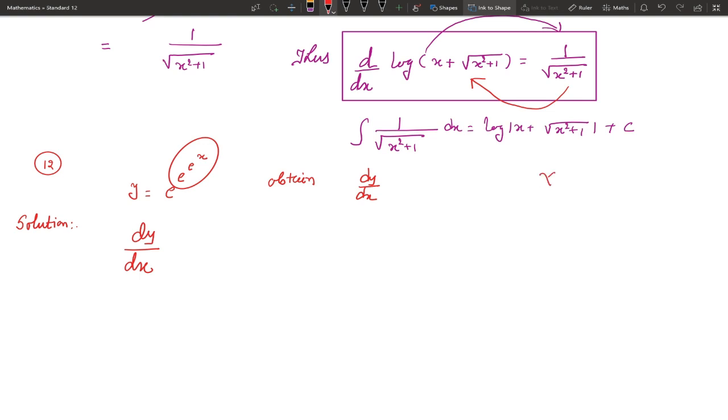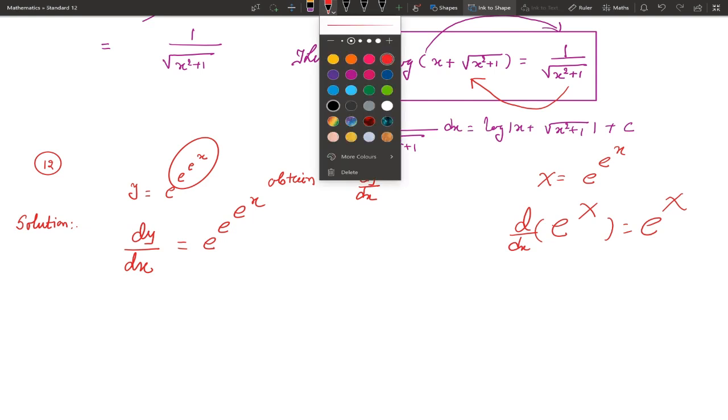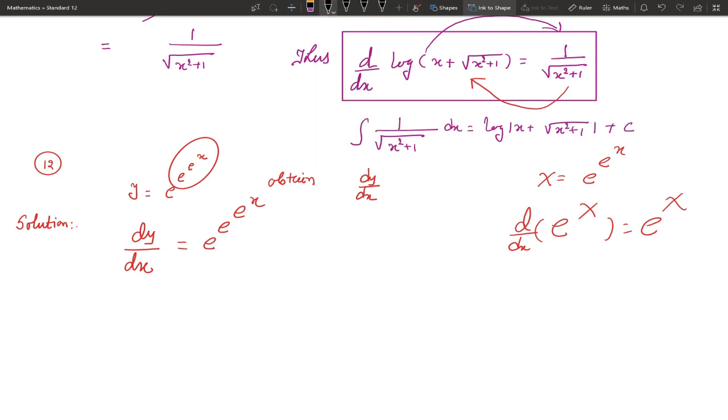Consider this one as capital X. So it is e raised to capital X. So first use d by dx of e raised to X, it is e raised to X. We have used d by dx of e raised to X, where X is capital X. But you can observe the power is a function of x.